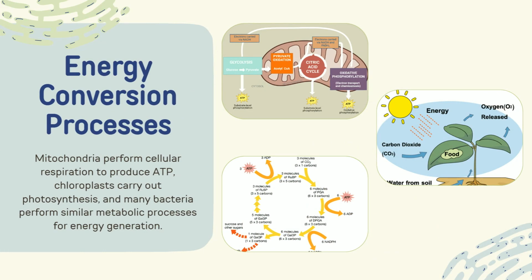Chloroplasts perform photosynthesis, capturing sunlight to create energy-rich sugars. And many bacteria have metabolic pathways that mirror these processes, making them masters of energy conversion too. These five shared traits are not mere coincidences. They are compelling evidence of an ancient union between early eukaryotic cells and bacteria, which transformed life on Earth.